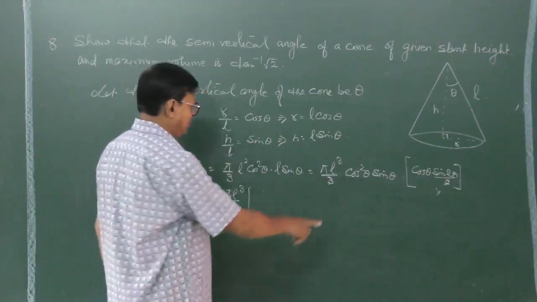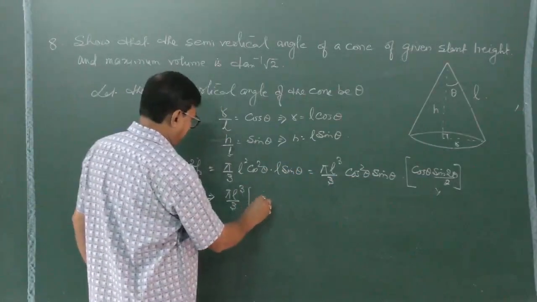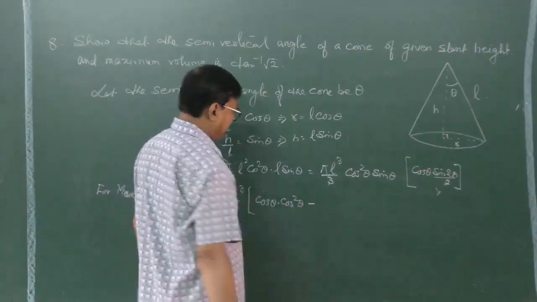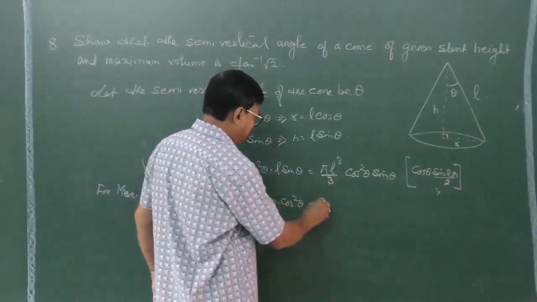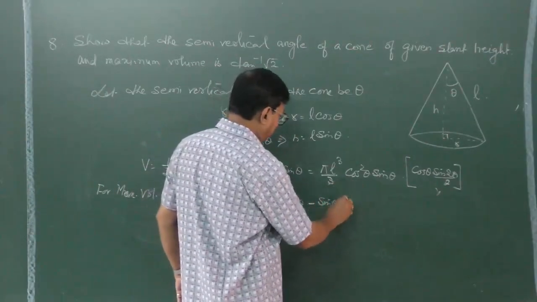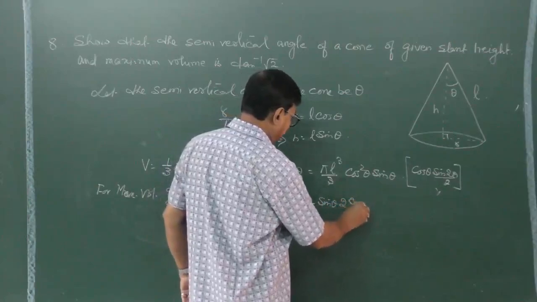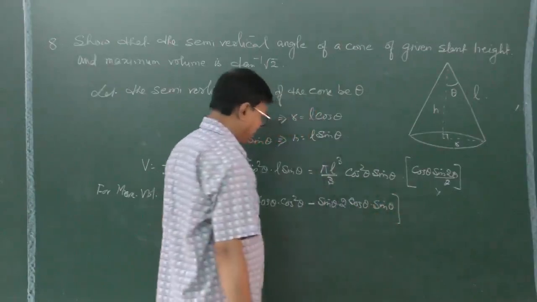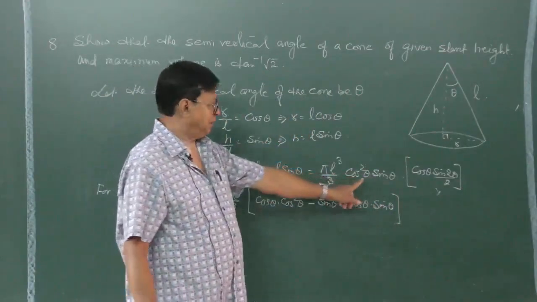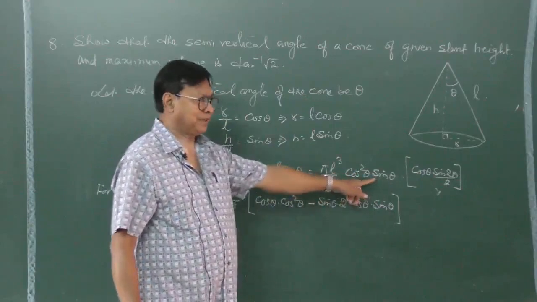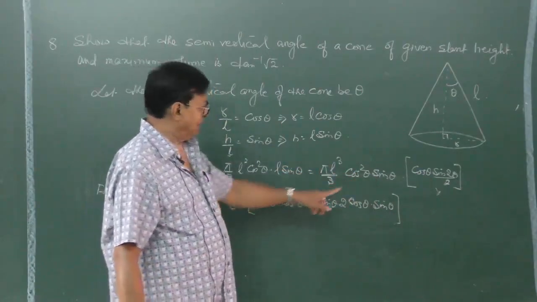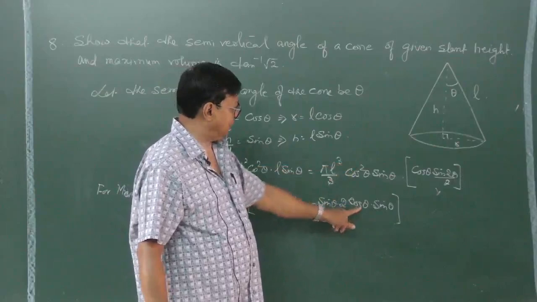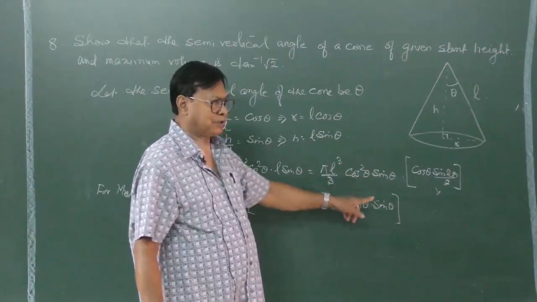So differentiation of sin theta is cos theta into cos square theta, plus sin theta into differentiation of cos square theta, which is 2 cos theta into differentiation of cos theta, which is minus sin theta.